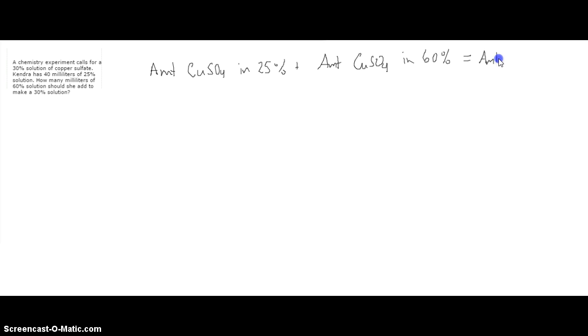And so we know the amount of copper sulfate, I'm going to abbreviate that CuSO4, in the 25% solution, plus the amount of copper sulfate in the 60% solution has to equal the amount of copper sulfate in the 30%.